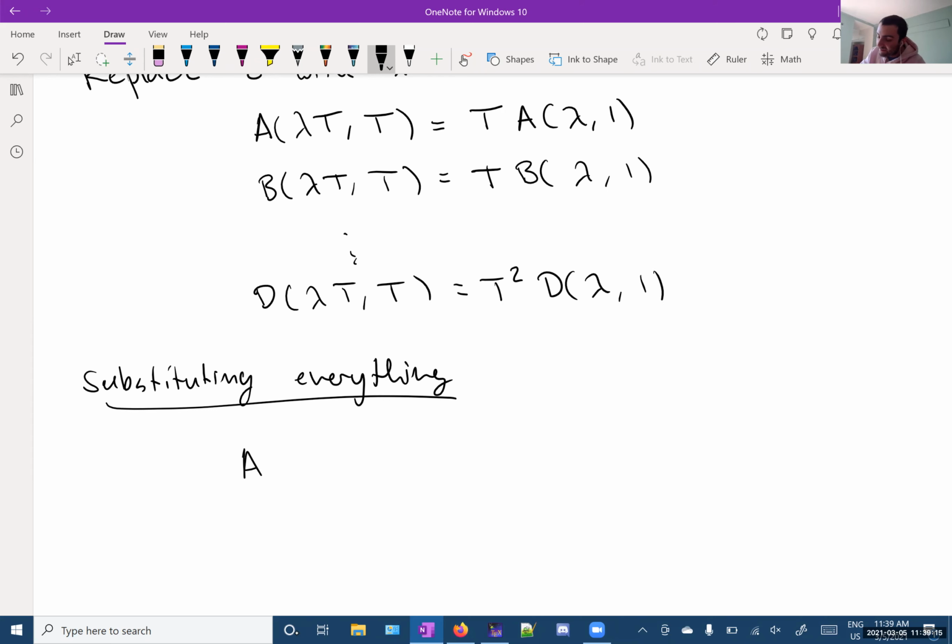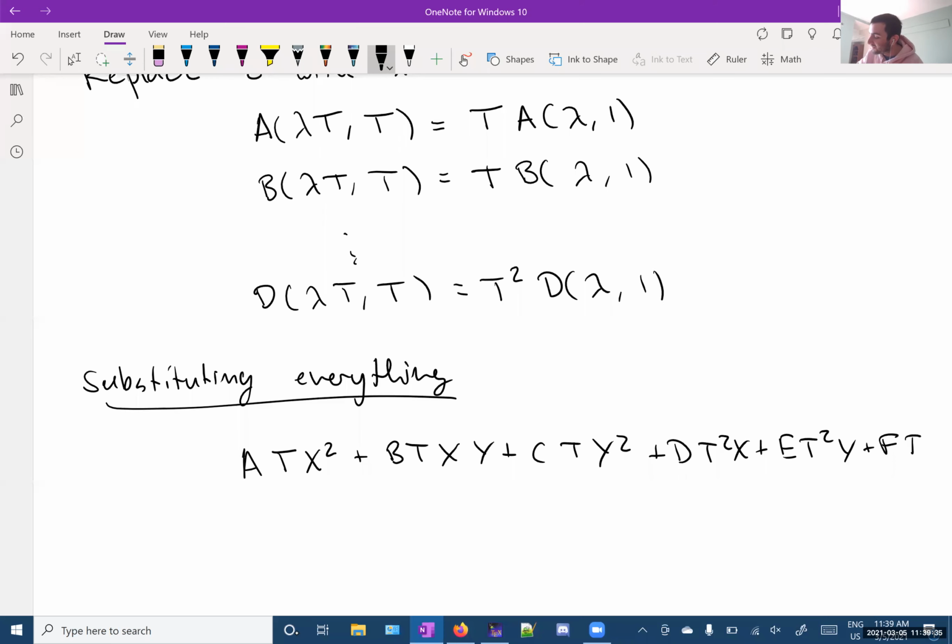So we get t times A x squared plus B t xy plus C t y squared plus D t squared x plus E t squared y plus F t cubed, where this is A of lambda, 1, B of lambda, 1, and so on. So these are just numbers depending on lambda.